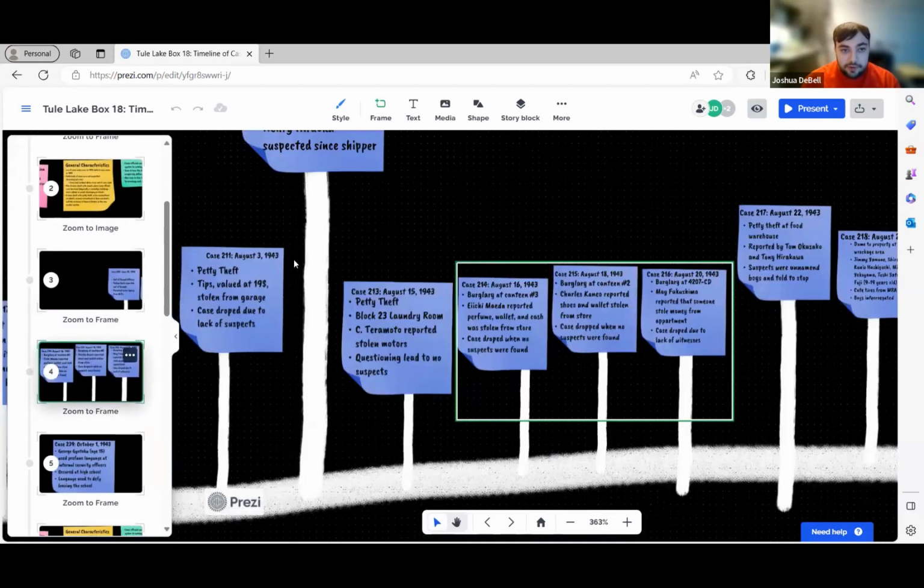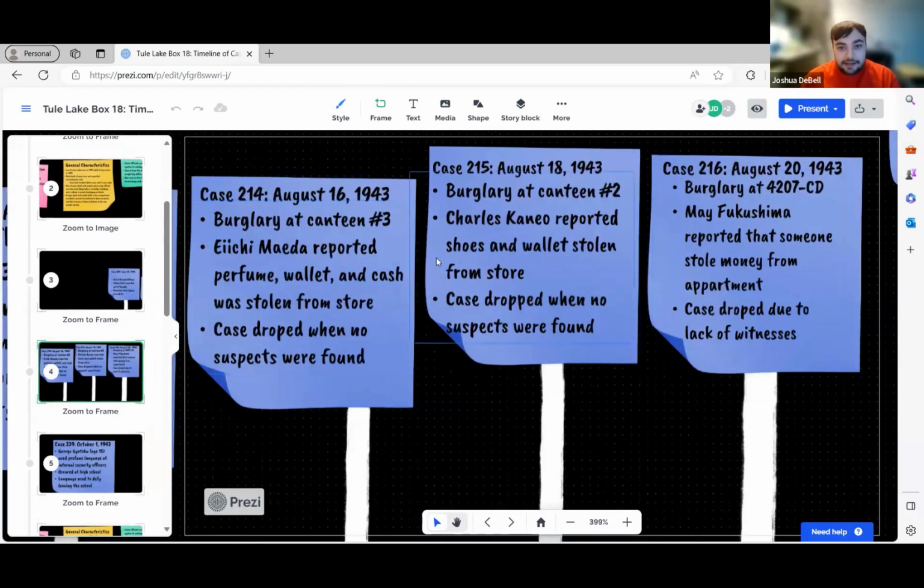Another type was burglaries, and I highlighted these specifically because they dealt either with a block such as 4207 CD or at a canteen, which was like a designated rest stop area that the WRA ran. And all across them, various items were stolen either from people or from the building itself.